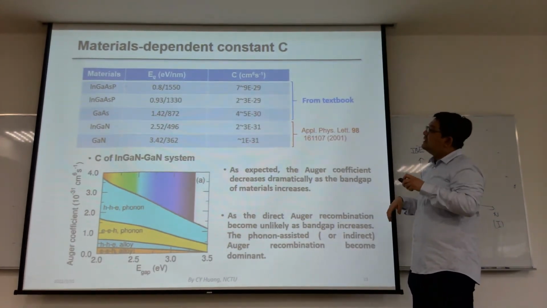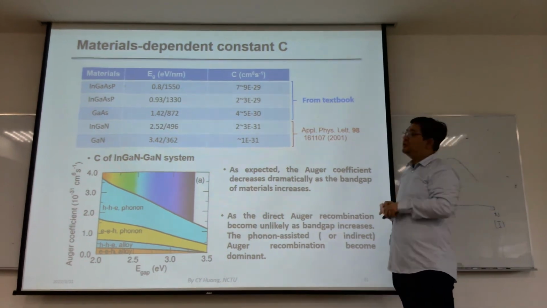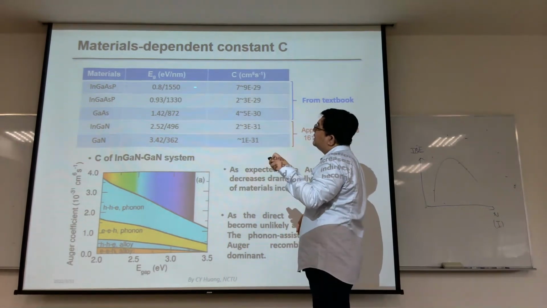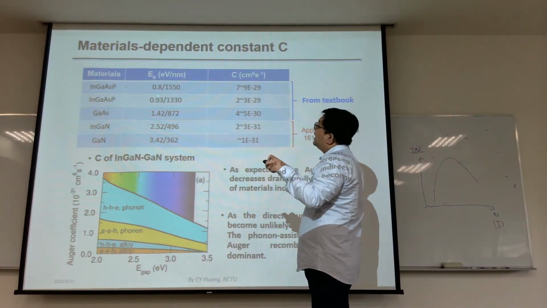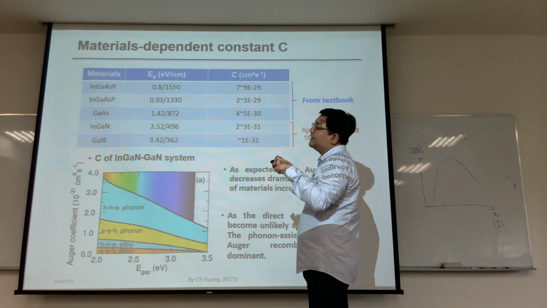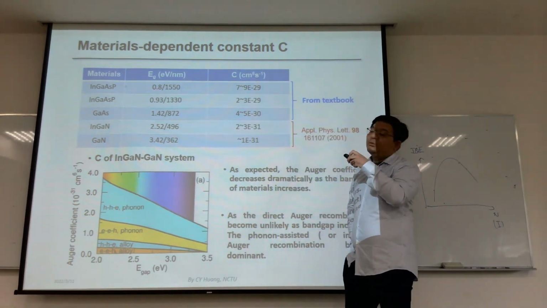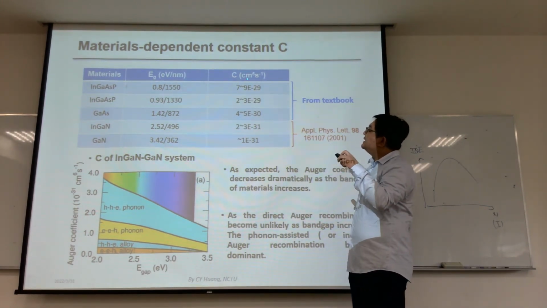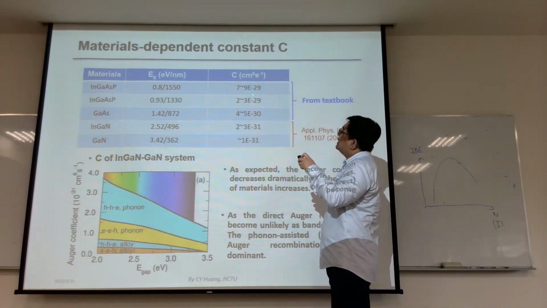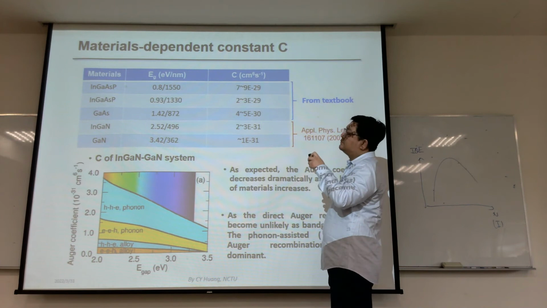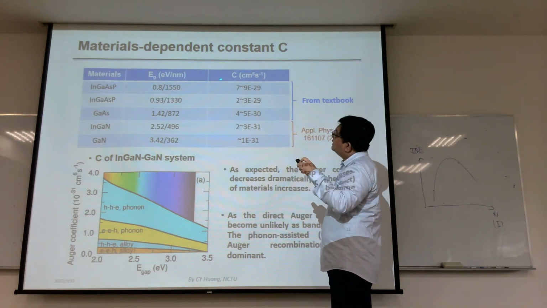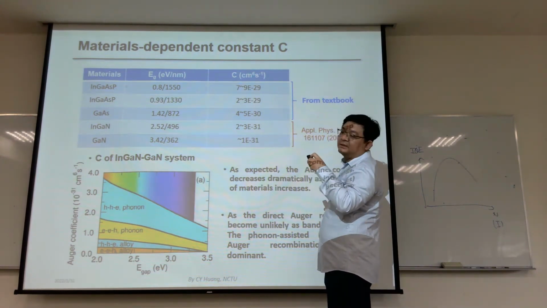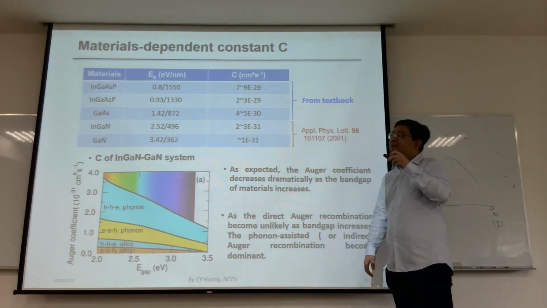Okay, so let's see the material-dependent constant of the Auger recombination. For InGaAs, the band gap is only 0.8 eV, which corresponds to the 1.55 micron communication laser. The C is around 10 to the minus 29, with the unit of centimeters to the power 6 times inverse second.